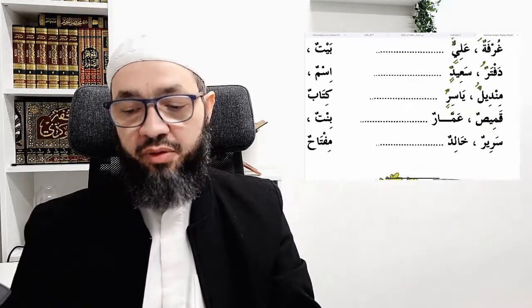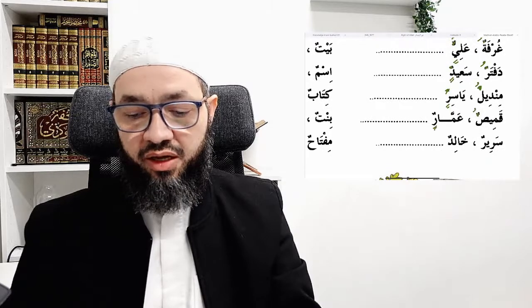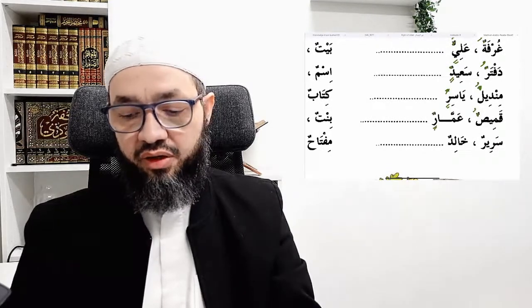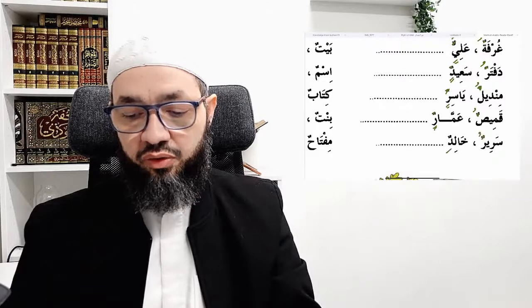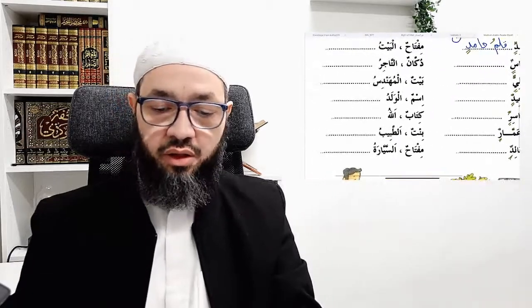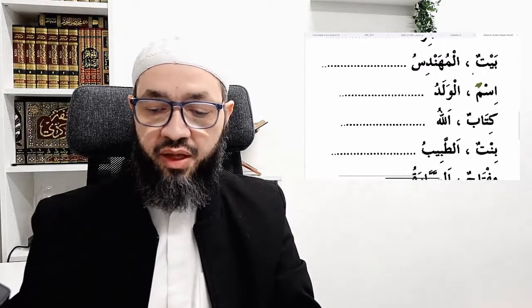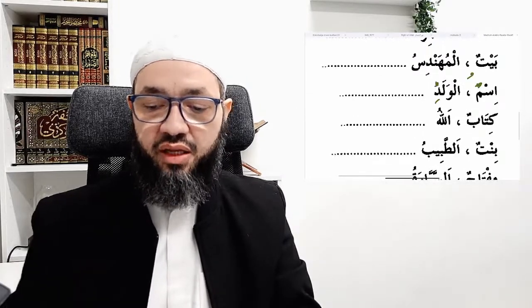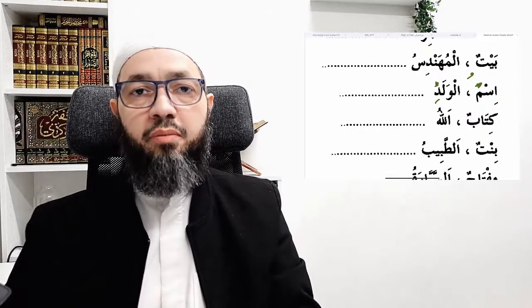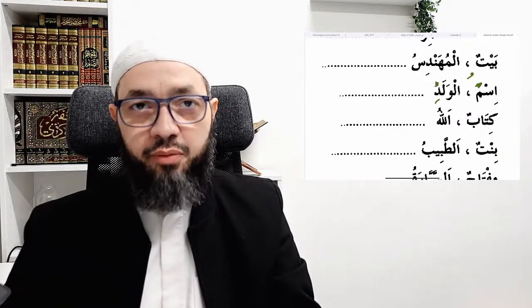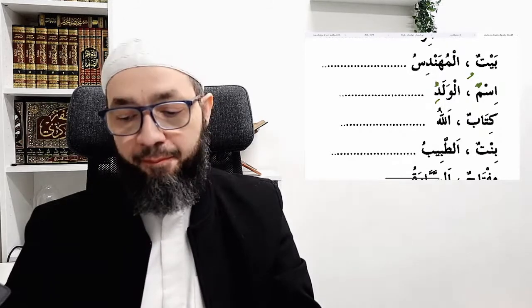Qamisun Ammarun. Qamis is shirt. Qamisu Ammarin. Sarirun Khalidun. Sariru Khalidin. Ismun Al-Waladu. Ismu Al-Waladi. You say Ismu Al-Waladi. What's the boy's name? Ismu Al-Binti. What's the girl's name?